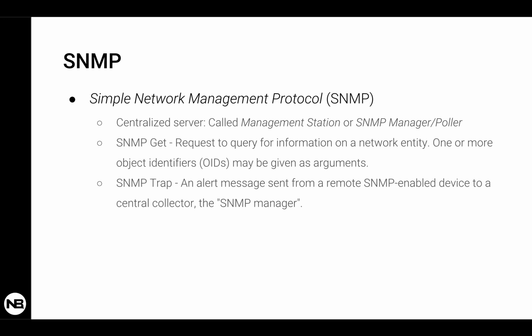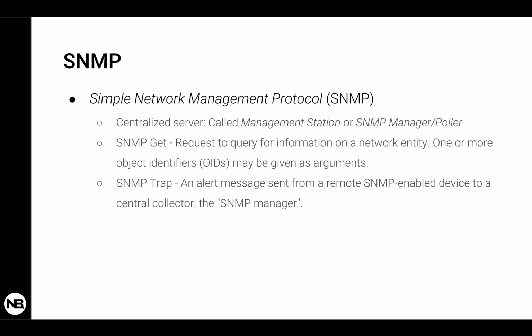The way it works is that a centralized server periodically polls devices to check the status of their resources. The poll is also called SNMP GET, which is used by the server to query information on a network endpoint. The query is run by specifying the object identifier of the variables that the poller wants to know about.